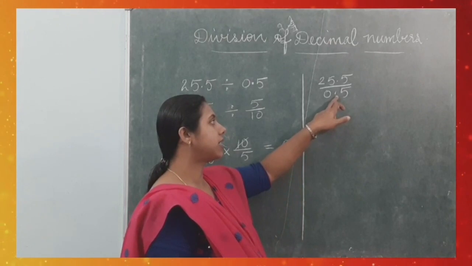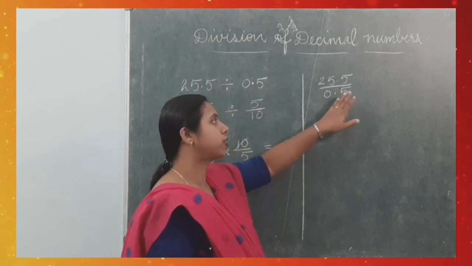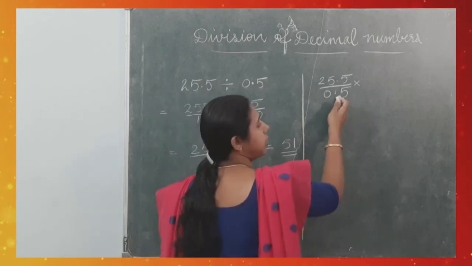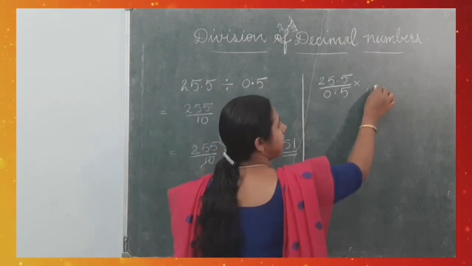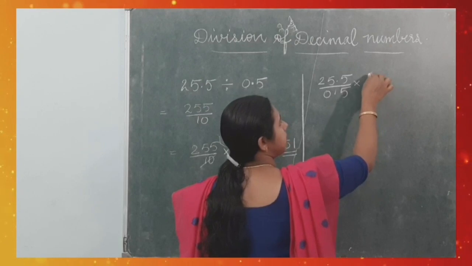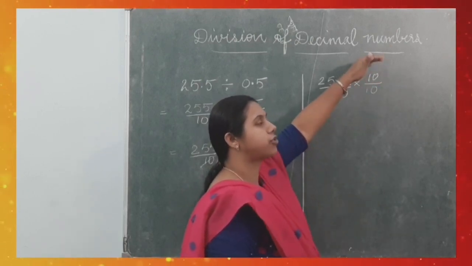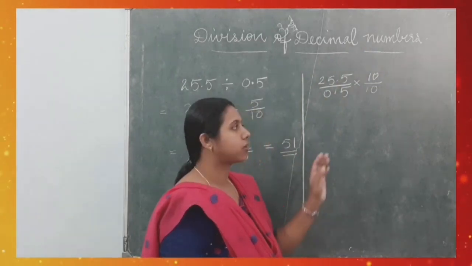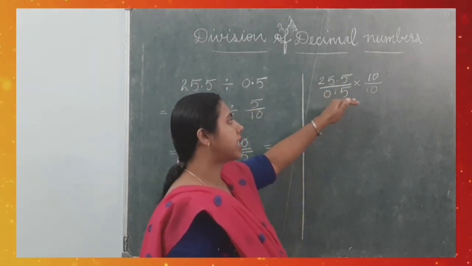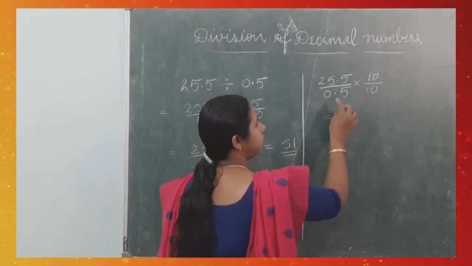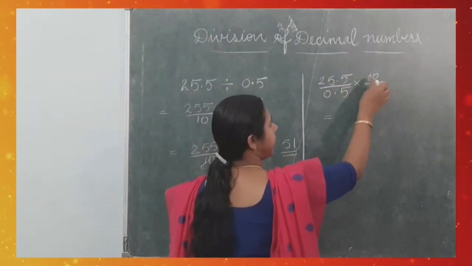So to get a whole number, you should multiply the denominator by 10. With the same number, you multiply the numerator also. What you give in the denominator, the same you should give to the numerator also. So multiply the numerator and denominator by 10. So which is equal to 25.5 into 10.